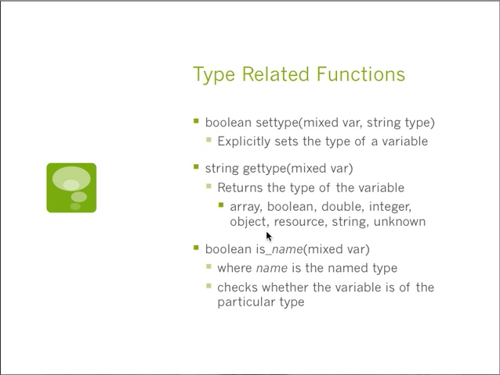It'll return one of the following: array, boolean, double, integer, object, resource, string, or unknown. You can also apply the is_ functions, like is_integer, is_double, is_array, or is_string, to determine whether or not a given variable is a certain type.